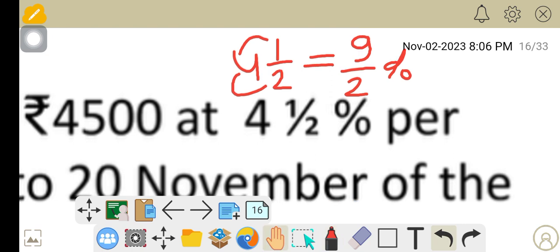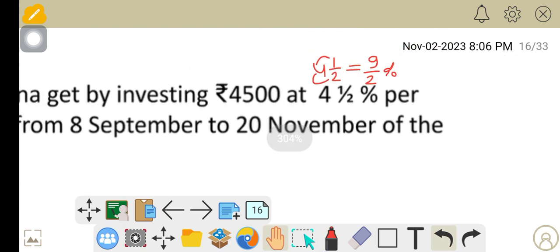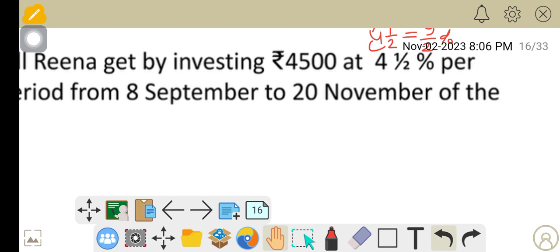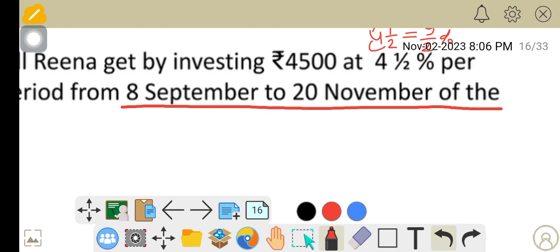Now the second problem is there is no time duration. Time duration is given as a date, so we need to convert it in years. So first of all, we will count the total days. We are going to start from 8 September to 20 November.